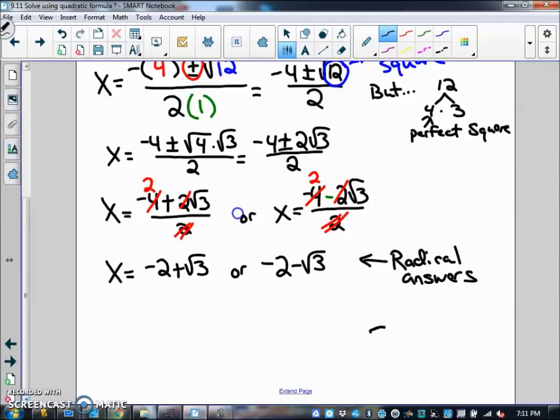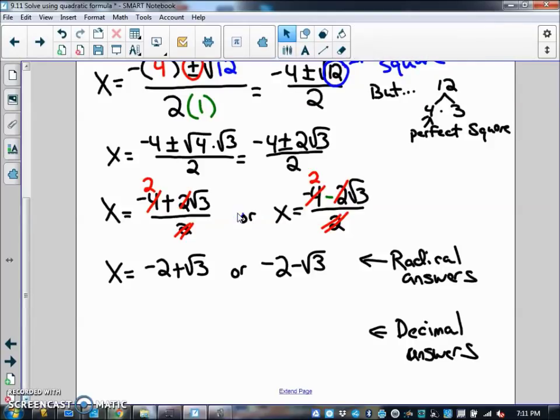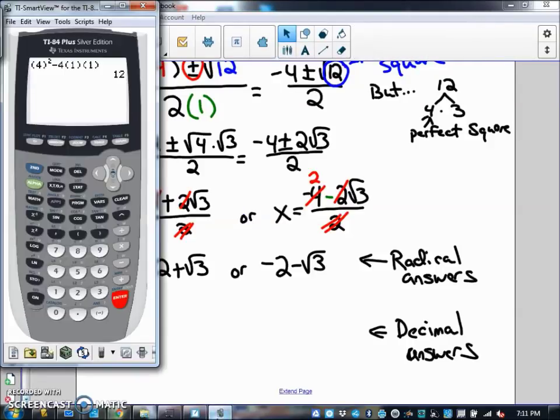I can also come up with decimal answers. And how am I going to do that? I'm going to go to my calculator. And I'm simply going to type in both of my answers. Negative 2 plus radical 3, that's going to be second x squared.